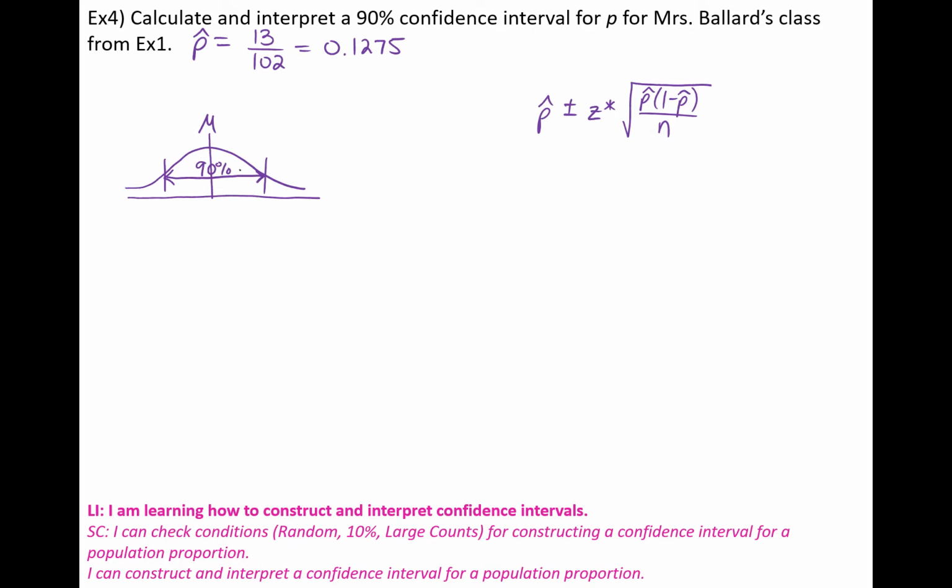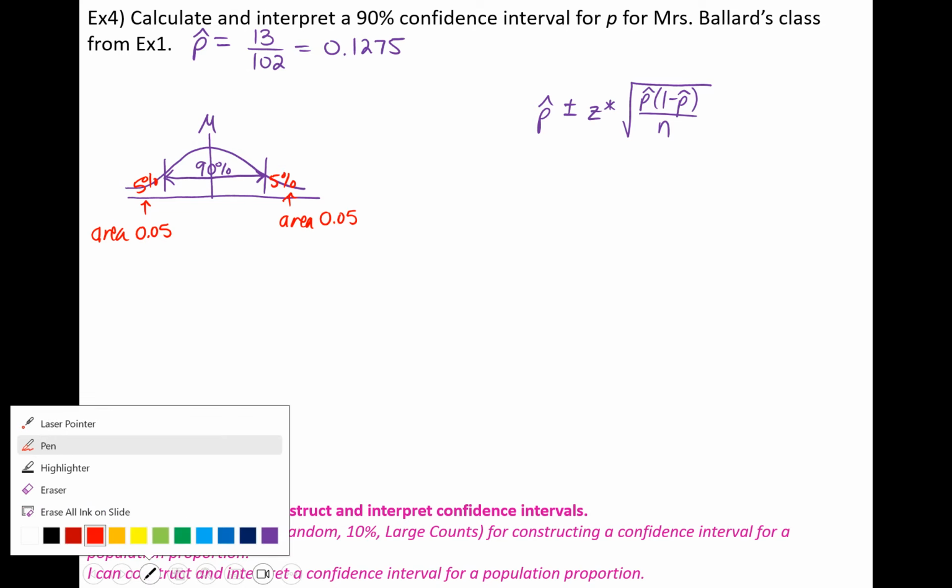I have 10% total, but I have to split it between my sides. So I get 5% for each of the sides, which means the area for each side would be 0.05. And this one would also be that same area, 0.05.